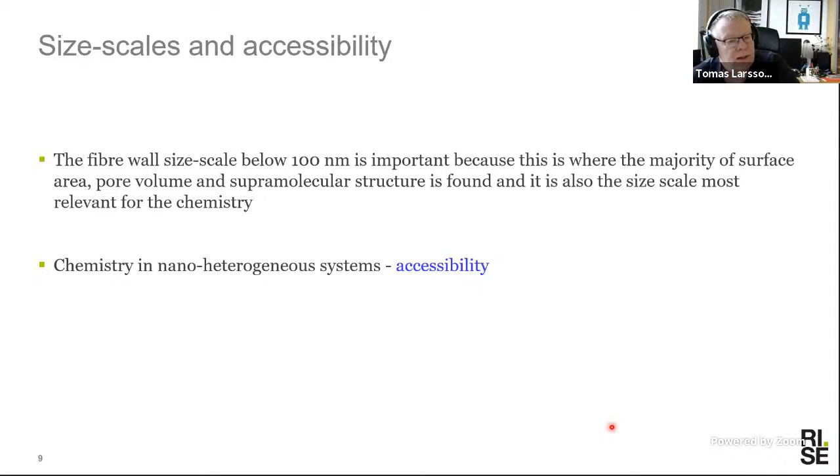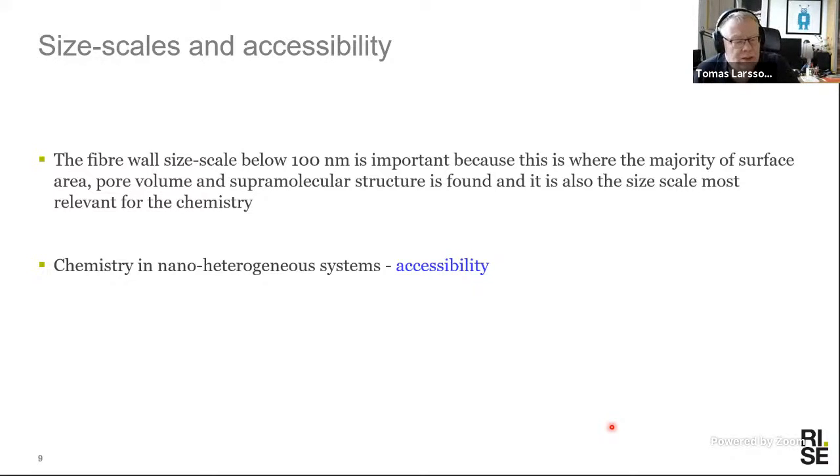And then there is another thing that's worthwhile pointing out as well, and that is what we are now doing, in simple terms, is that we are trying to do chemistry in a non-homogeneous system, and then accessibility becomes a really important concept in several ways.